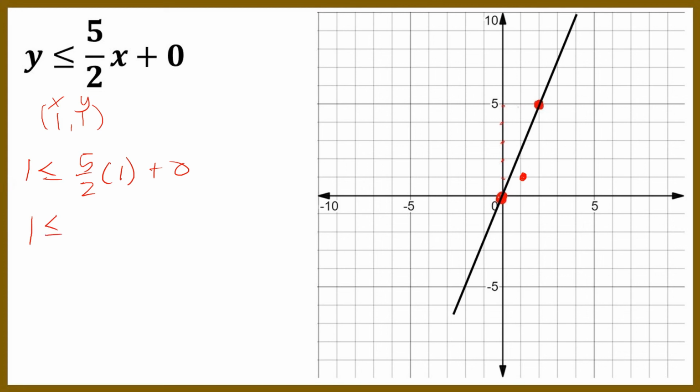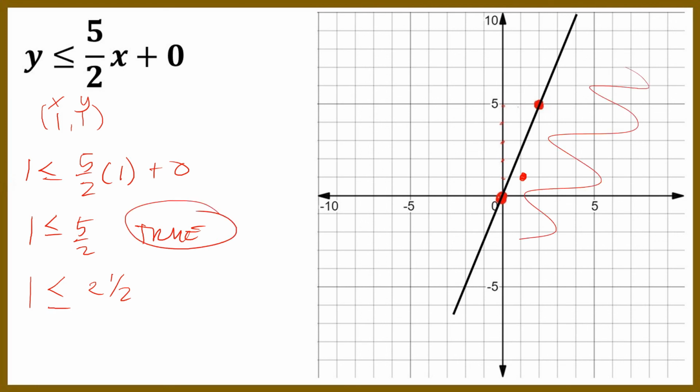Simplify, 1 is less than or equals to 5 over 2 multiplied by 1 is 5 over 2, then plus 0 is 5 over 2. So therefore, 1 is less than or equals to 5 over 2. The statement is true. Kasi yung 5 over 2 is 2 and 1 half. So therefore, 1 is less than or equals to 2 and 1 half. So ang ating statement ay true. So therefore, yung shaded part natin ay manggagaling doon sa 1, 1 na solution natin.